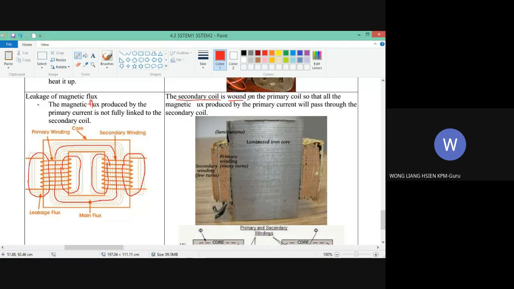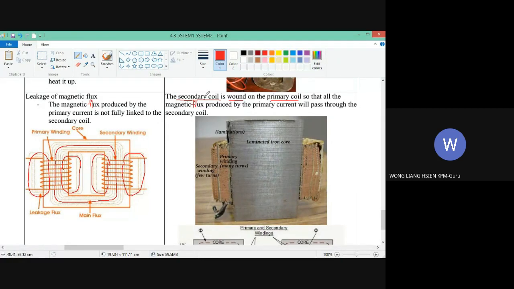But wound, the action of winding, means you turn the wire around and it becomes a coil. The secondary coil is wound on the primary coil, so that all the magnetic flux produced by the primary current will pass through the secondary coil.